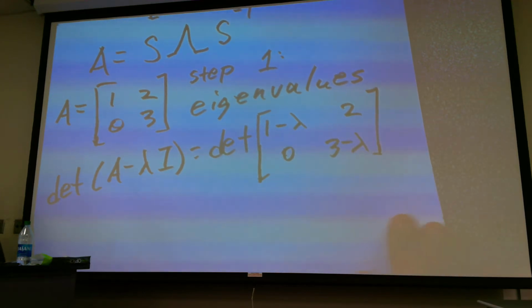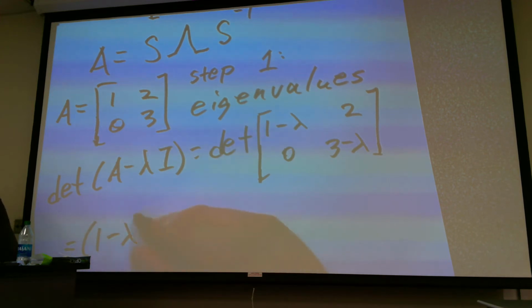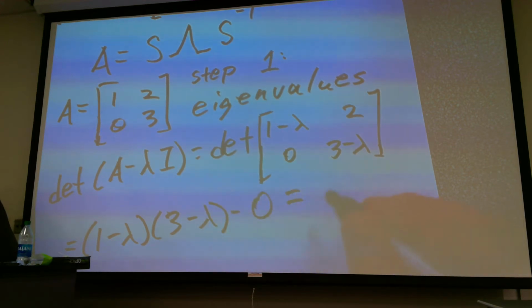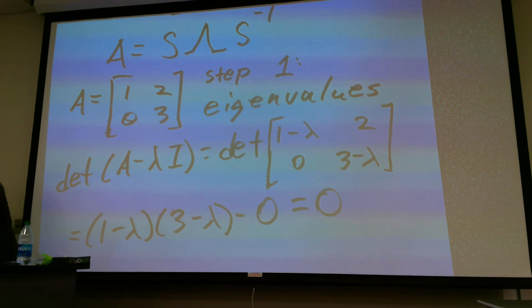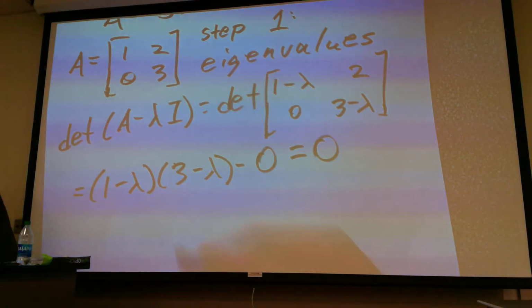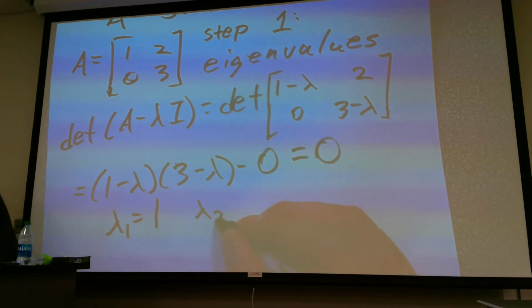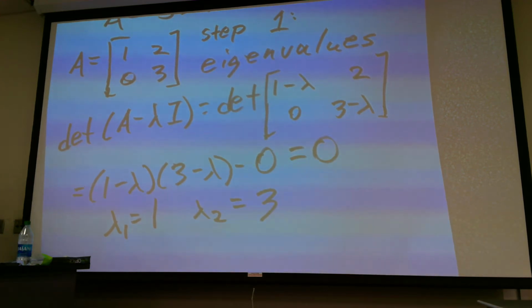That would just equal 1 minus lambda times 3 minus lambda, which equals 0. So lambda 1 is going to equal 1, and lambda 2 is going to equal 3. Okay? Those are the eigenvalues for the matrix that we're dealing with.